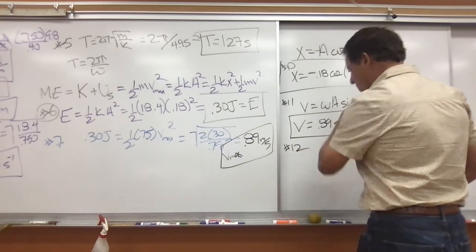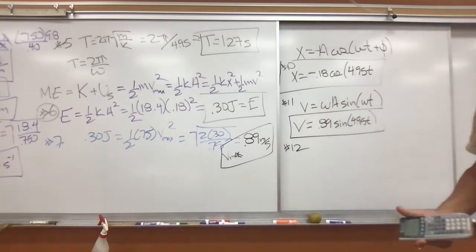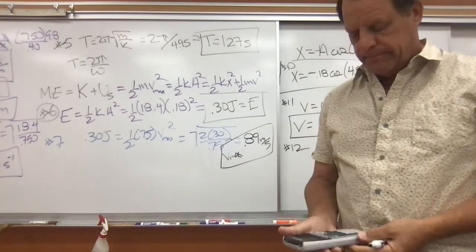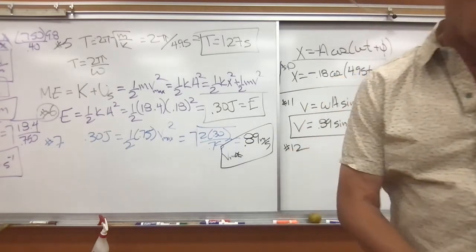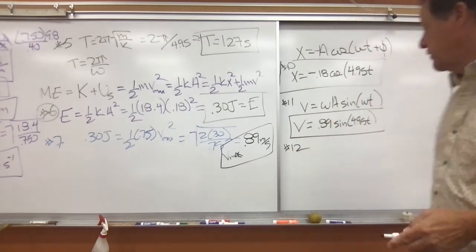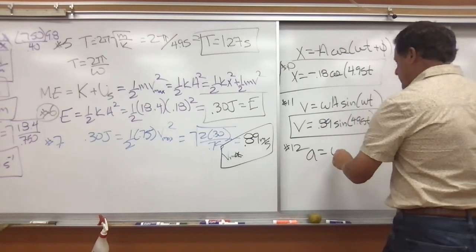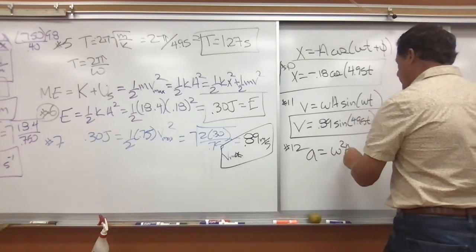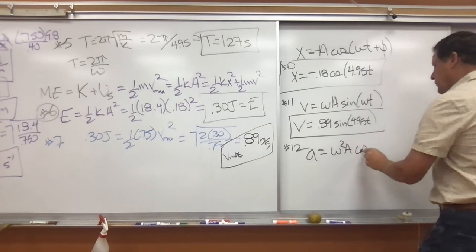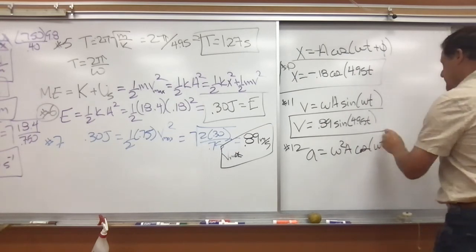Question number 12 is going to be: what is the equation for acceleration? So our standard equation for acceleration is going to equal omega squared A cosine of omega t.